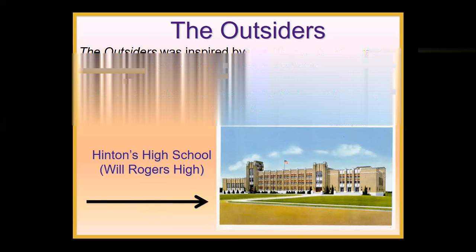And of course, there was a lot of tension between both groups. The groups here are called the greasers and the socs. Socs is short for the socials. The greasers are the lower class group, and the socs are the rich people's group. Those two groups disliked each other and caused a lot of tension between them.